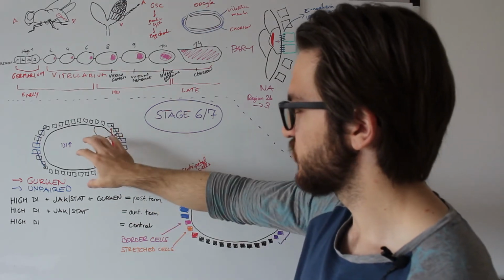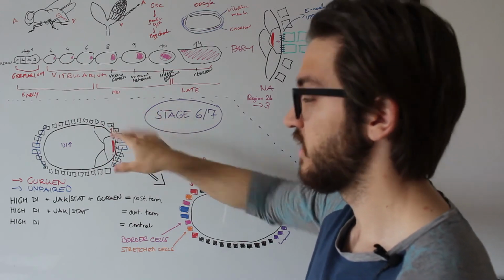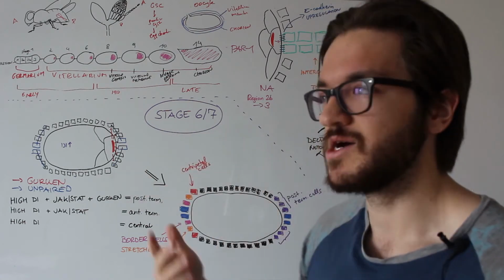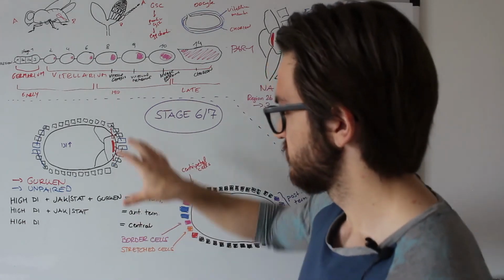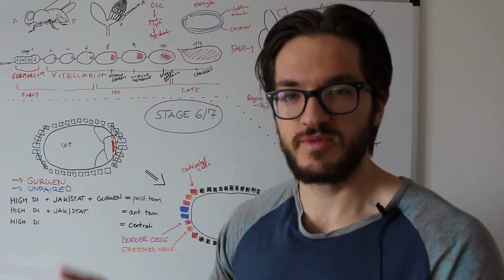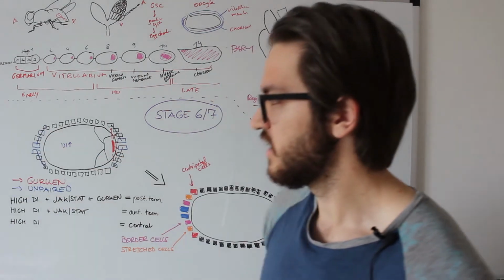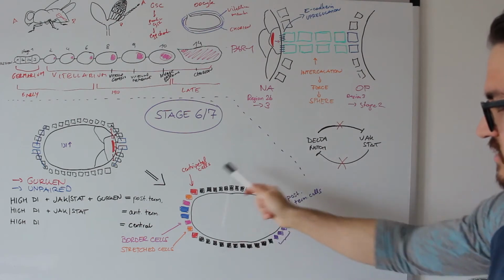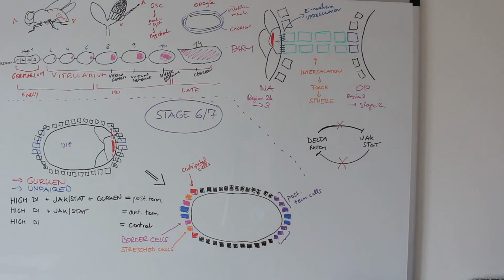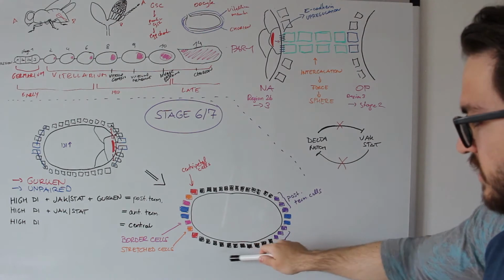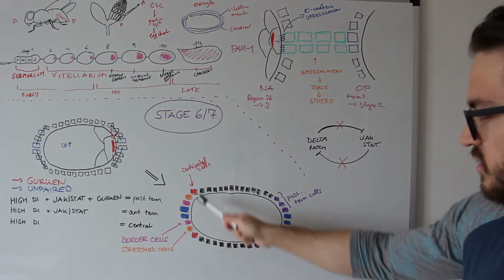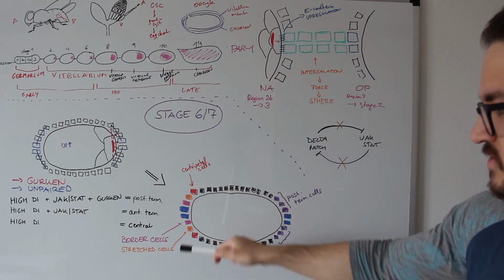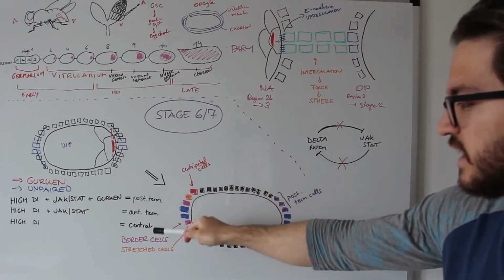So the oocyte transfers basically the information about being posterior to these terminal follicle cells. Now they know they are posterior. They basically know that they are posterior terminal follicle cells, and these are anterior terminal follicle cells. And that is what I have drawn here again. So here we see what they differentiate into. Black is the central follicle cells. Then we have here the anterior follicle cells in 3 colors because they differentiate into 3 different types of cells.